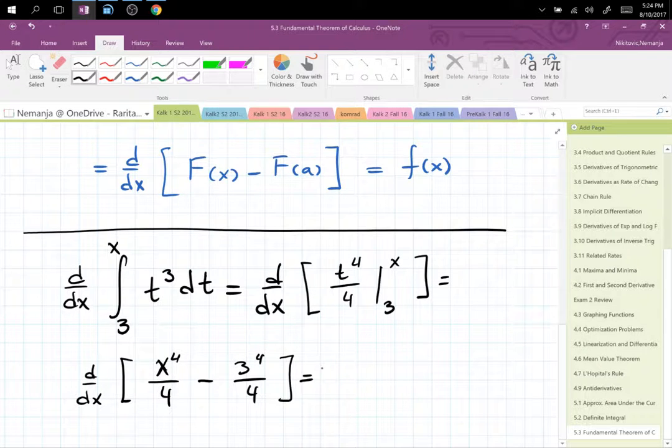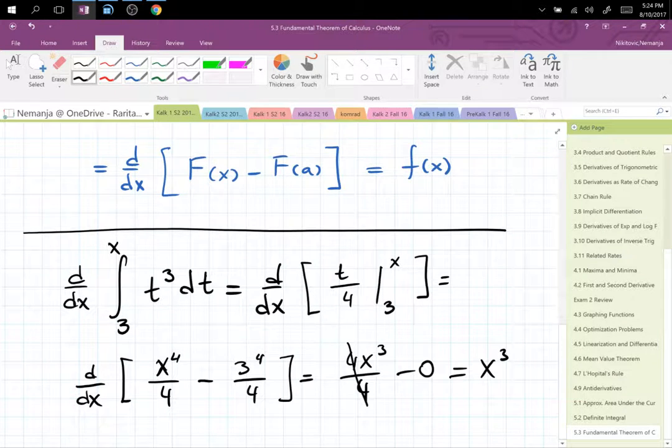When you take the derivative, this is a number, so it's going to go to 0. The derivative of x to the 4 is 4x cubed divided by 4, which I'm copying, minus 0, and there it is, x cubed.